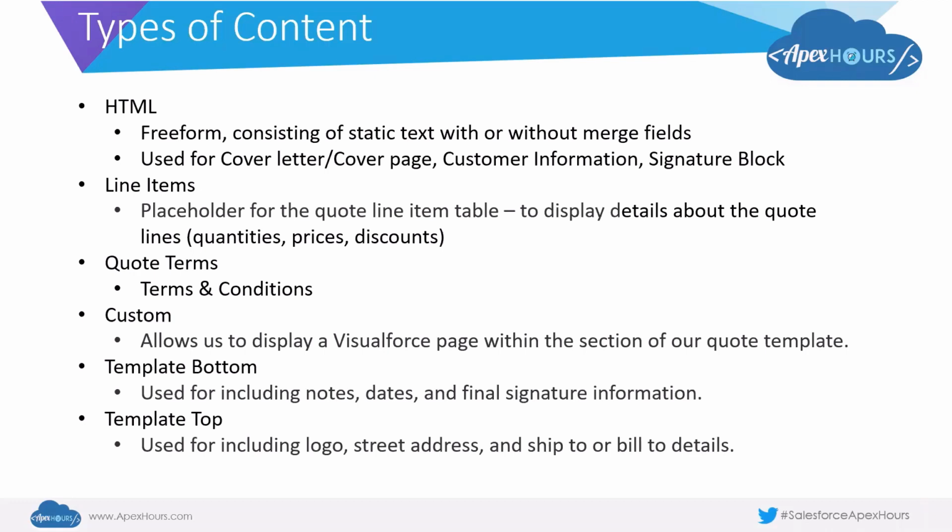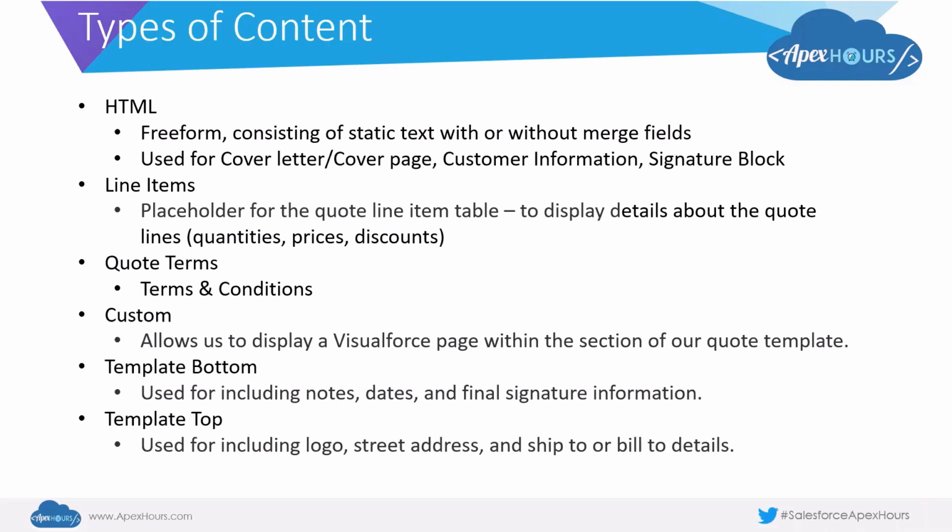When we were on our quote and tried to generate the quote document, we had the prepared for and prepared by, which are the static content, and then we had the address, which was dynamic content, specifically folded in from the quote information. The same would be applicable to a cover letter or a cover page, or if you want to add bill to ship to information or even a signature block. So these would all fall under HTML.